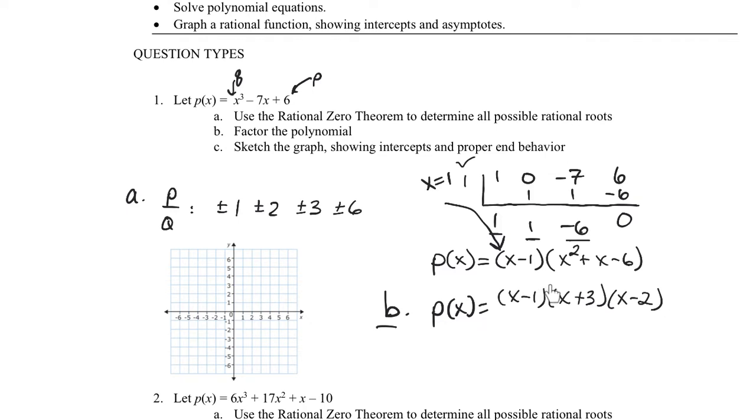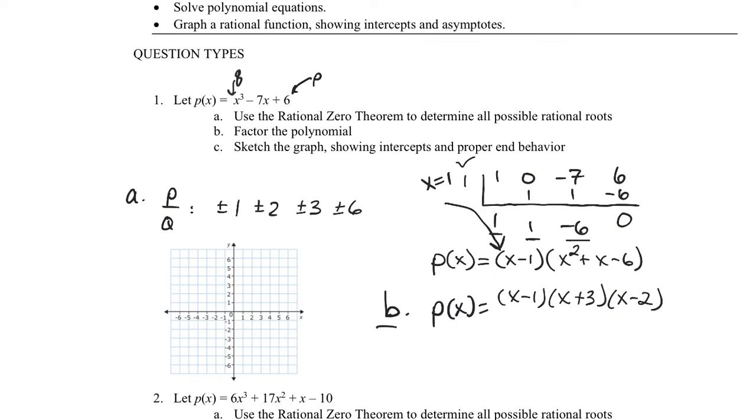If there was an exponent of 2 right here, it means it bounces. What if this was x plus 3 and there was an exponent of 5? There was an odd numbered exponent right here. So what's the rule there? Even exponents, they bounce. Odd exponents, they go through. That's something to remember there.